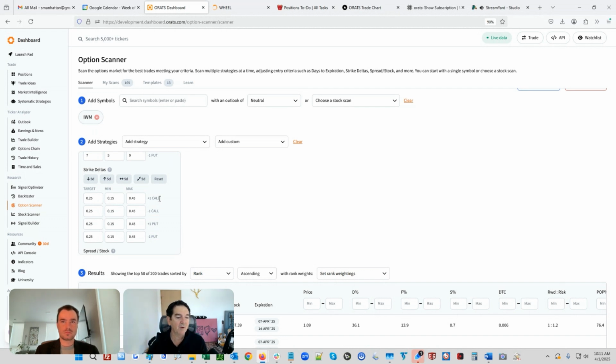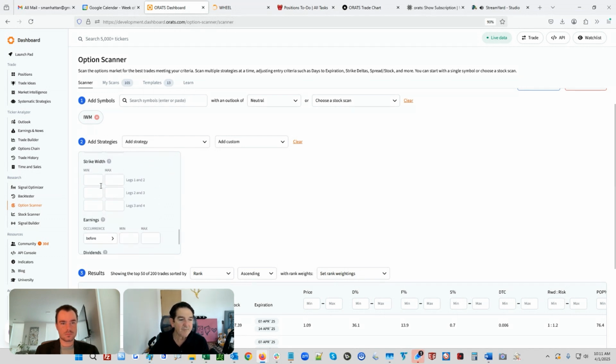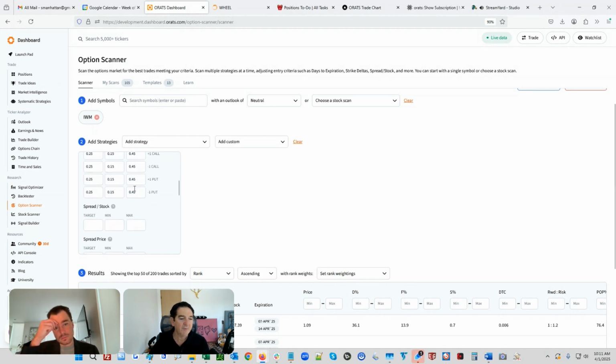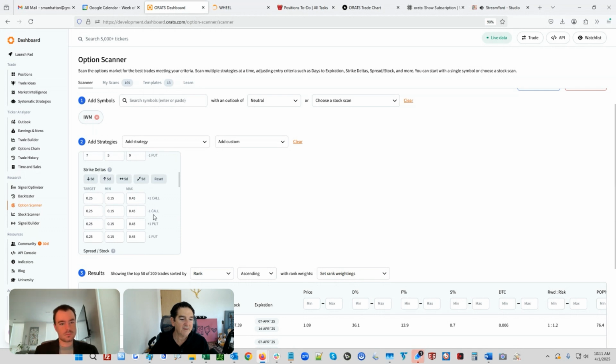I want just more of a neutral one. So I want the call to be farther out of the money, so this minus that will be positive. So I'll set that. Again, at least two strikes. And then we already know that the call minus put is going to be positive.